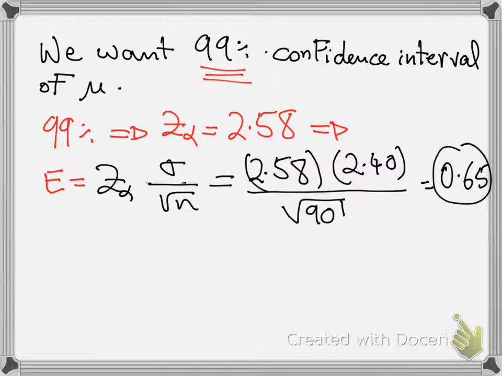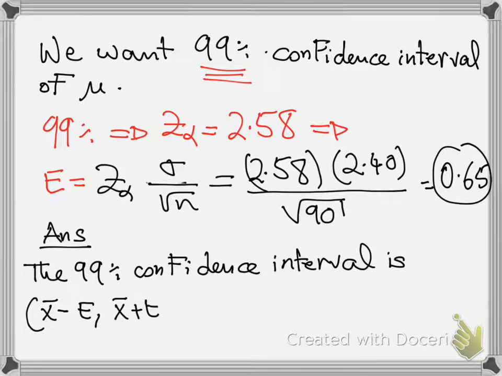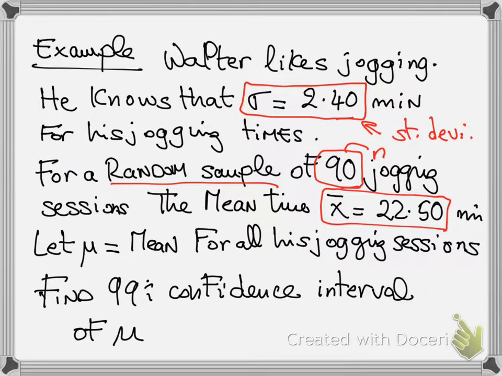Then the answer, the 99% confidence interval, is x bar minus E, x bar plus E. X bar, the sample mean, is 22.50.